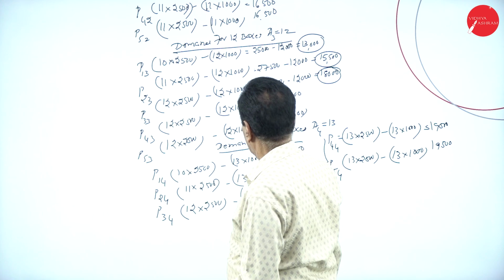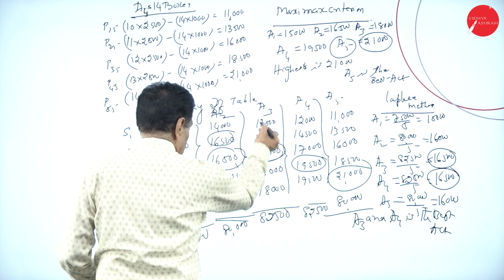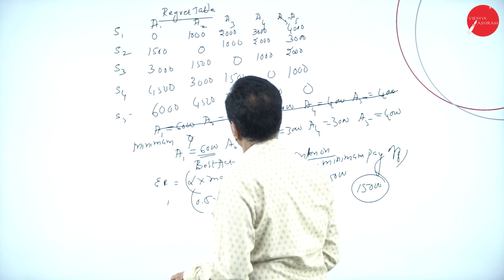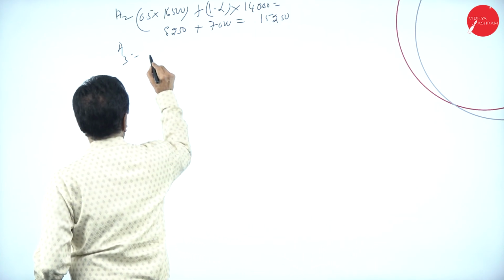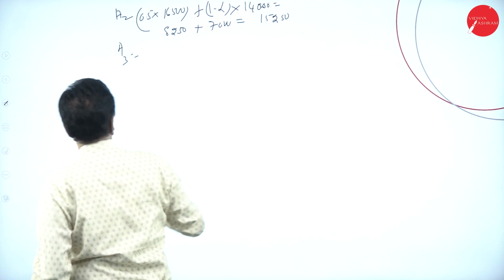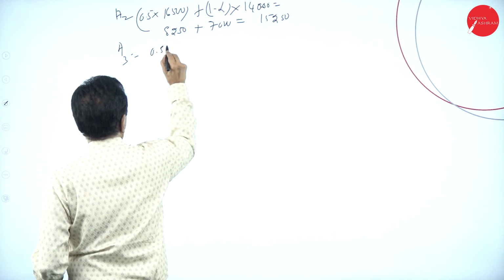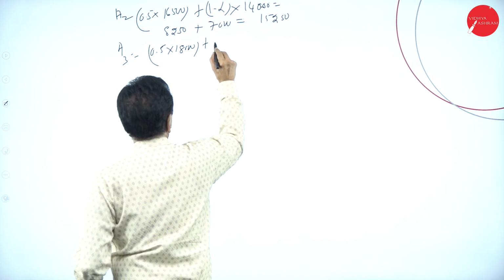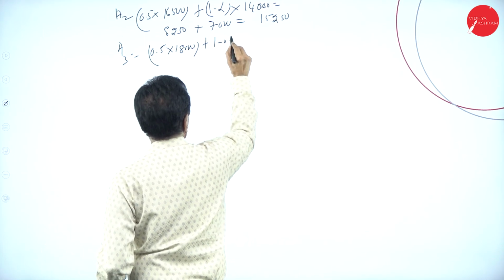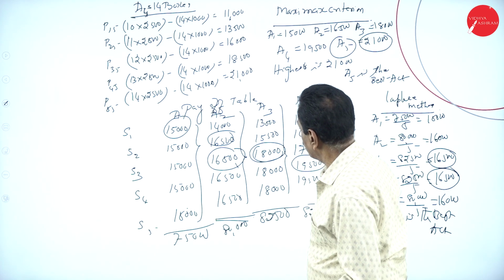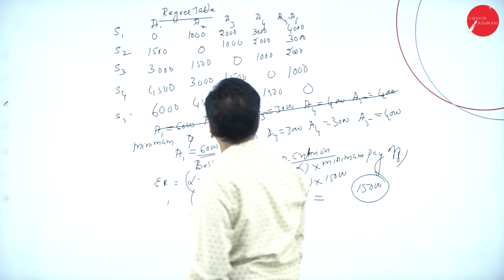Then come back to A3. Highest one is 18,000. Lowest one is 13,000. 0.5 into 18,000 plus 1 minus 0.5 into minimum 13,000.